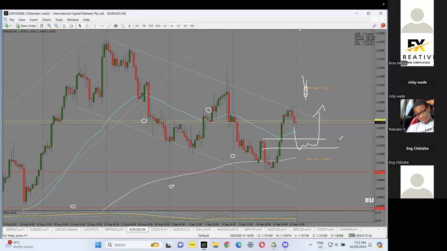Again, look at your ADR low. Your ADR low is sitting in the same area. So if the market decides to push back to the peak, that is where you expect your ADR low to be. Now, I'm going to say this, and hopefully you can hear my point clearly, okay?